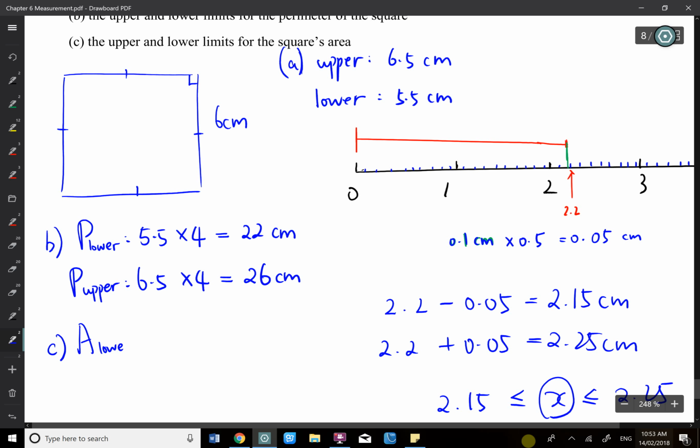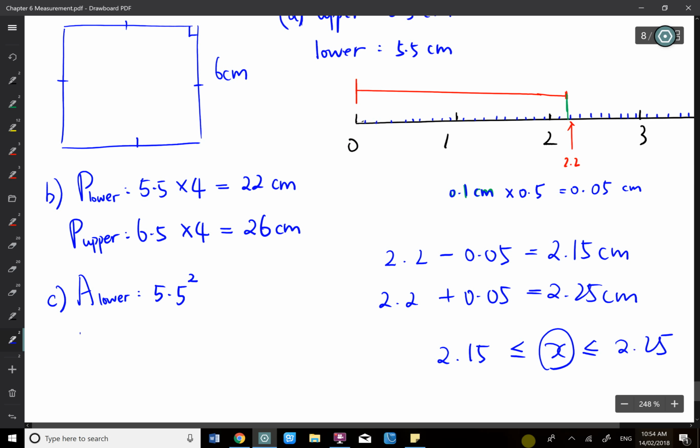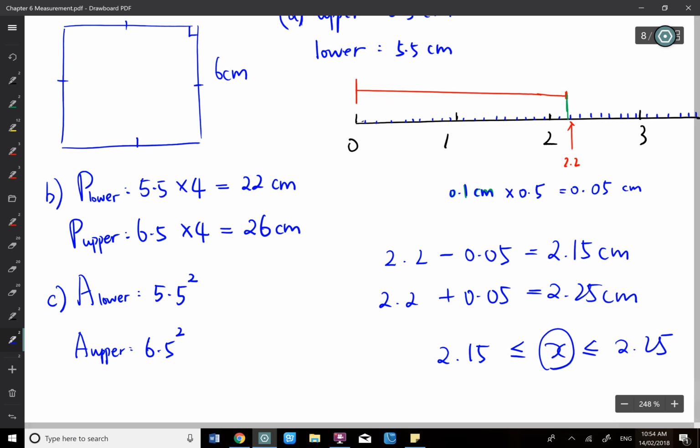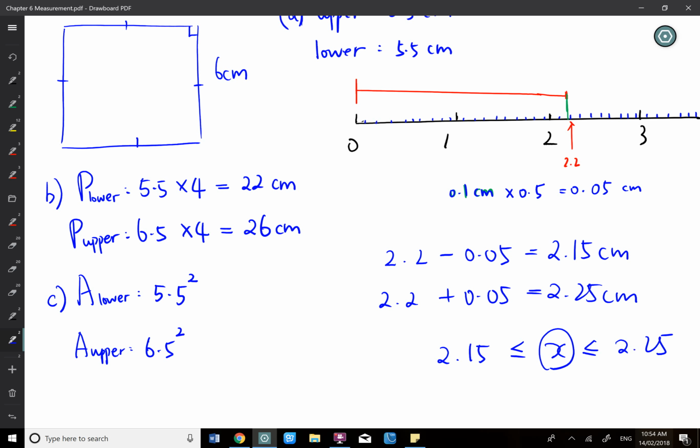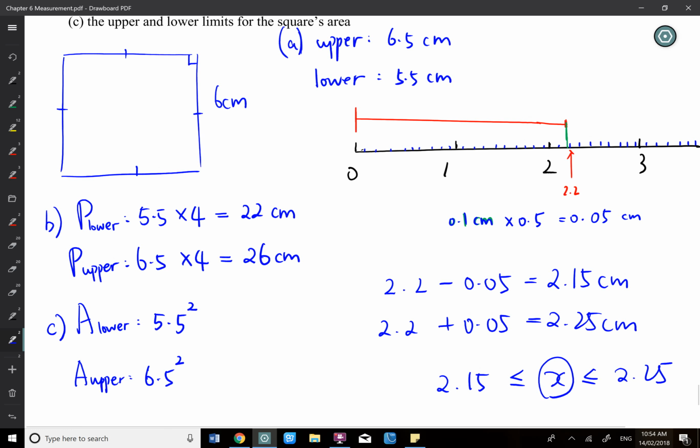The lower area is 5.5 squared, and the upper area will be 6.5 squared. So lowest possible length times itself, highest possible length times itself, gives you the lower and upper area. All of this should come from your measurement.